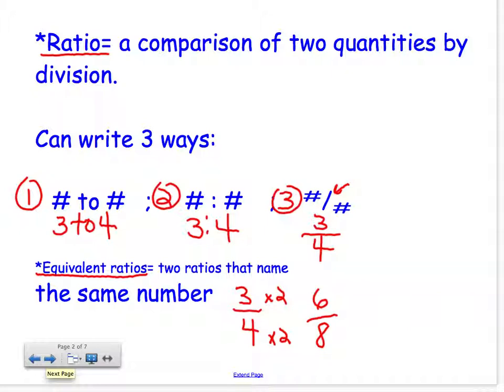The important thing is to remember that what we do to the bottom of the fraction, for example times 2, we do to the top of the fraction, times 2, to get our equivalent ratios. Okay? Make sure you have this in your notes. If you need to pause the video to put this in your notes, that would be just fine.